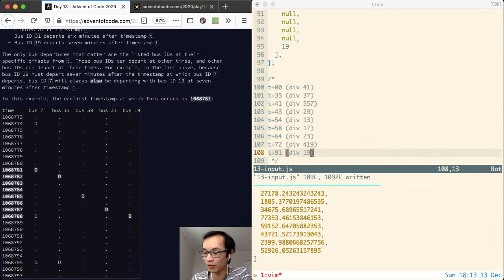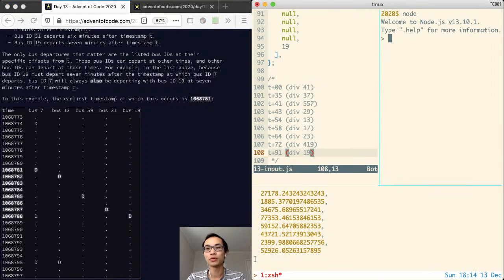So T is divisible by 7, but then T minus 1, no, not T minus 1. T plus 1 has to be a multiple of 13. 7 times 13 is 91. It's nowhere near, right?